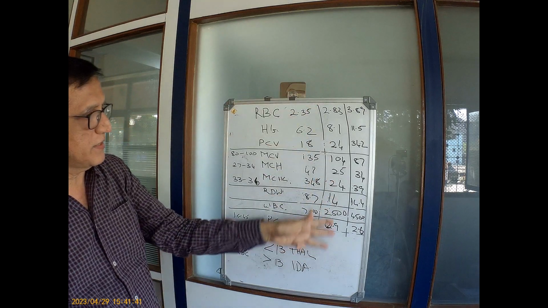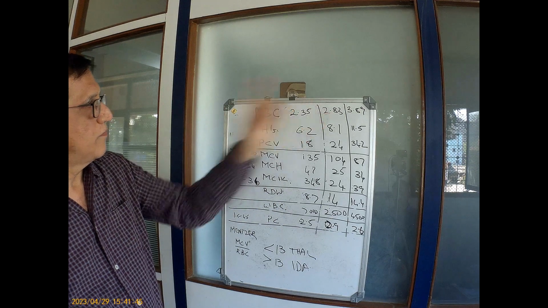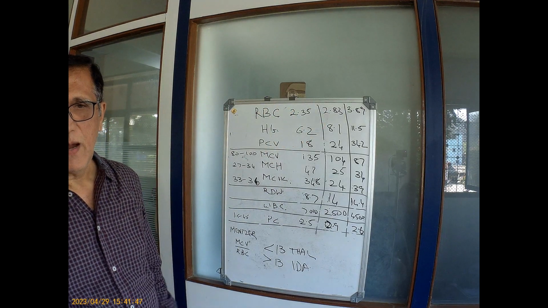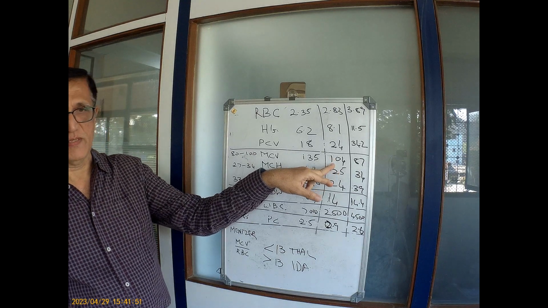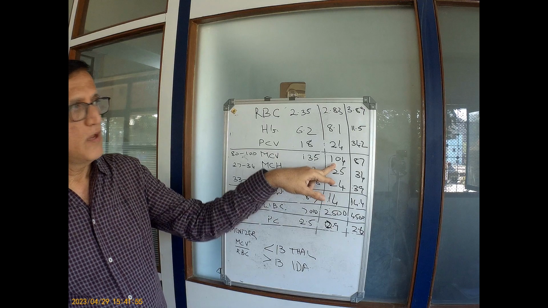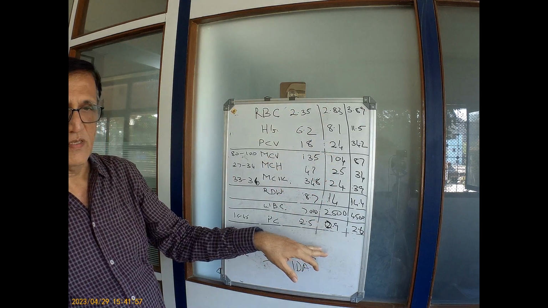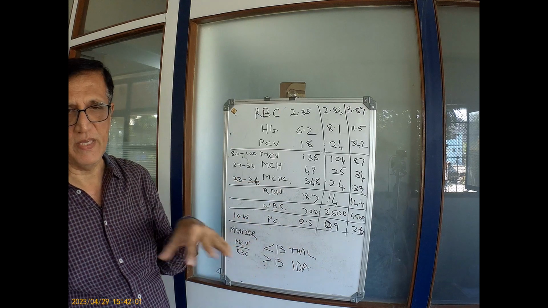All the 3 cell lines are down, depressed. Plus, you are having a megaloblastic picture with all the 3 lines suppressed, gone down, it is myelodysplastic syndrome, MDS.